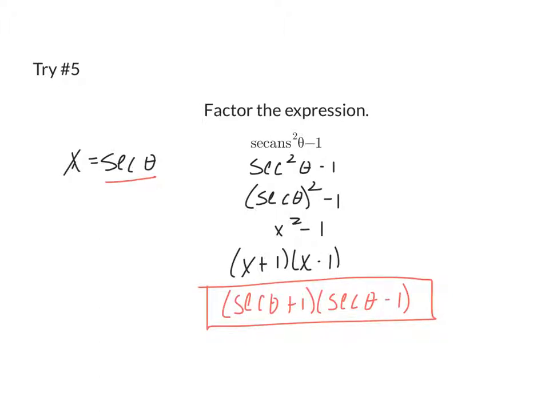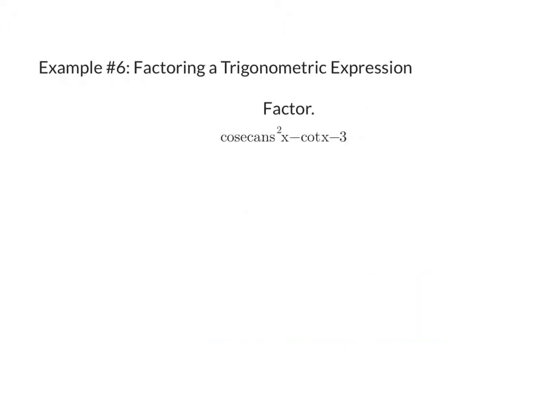Let's take a look at our next example. Okay, so in example 6, we are asked to, again, factor a trig expression. So what we have is cosecant squared x minus cotangent x minus 3. Well, in this case, we are going to use substitution, but what I want you to recognize is that you have a cosecant squared x minus a cotangent x minus 3.